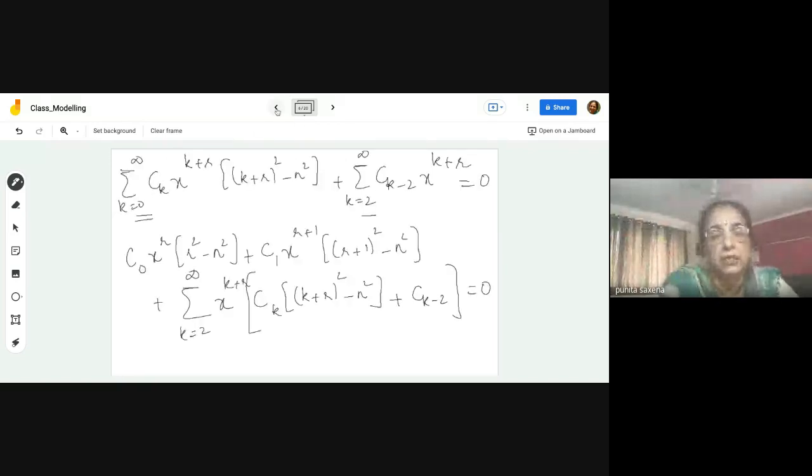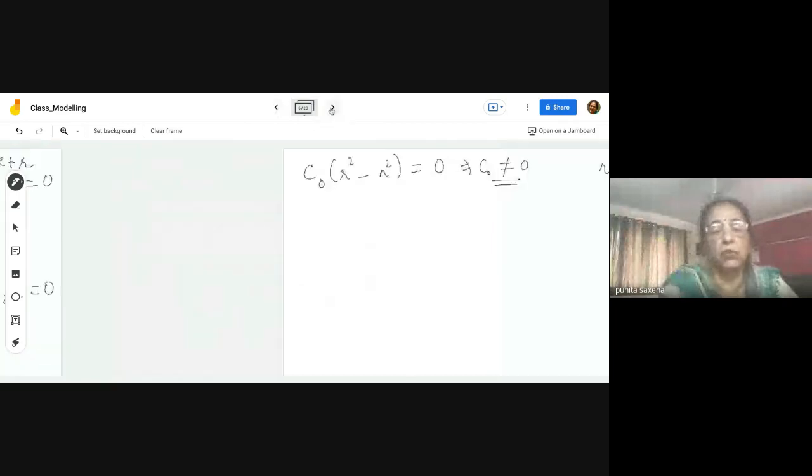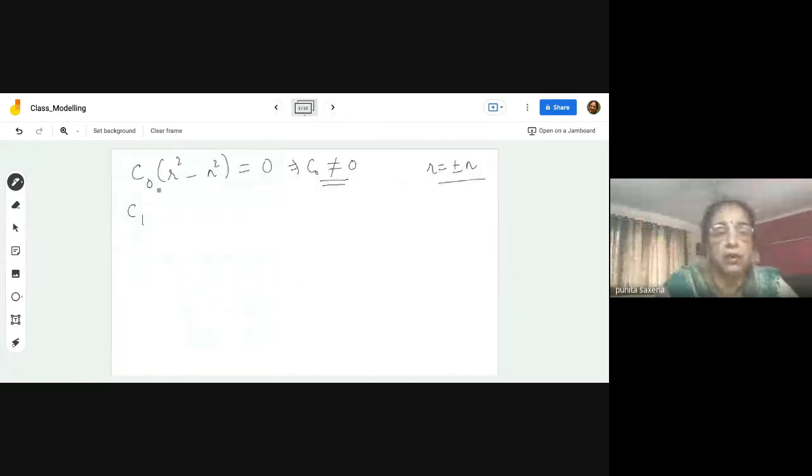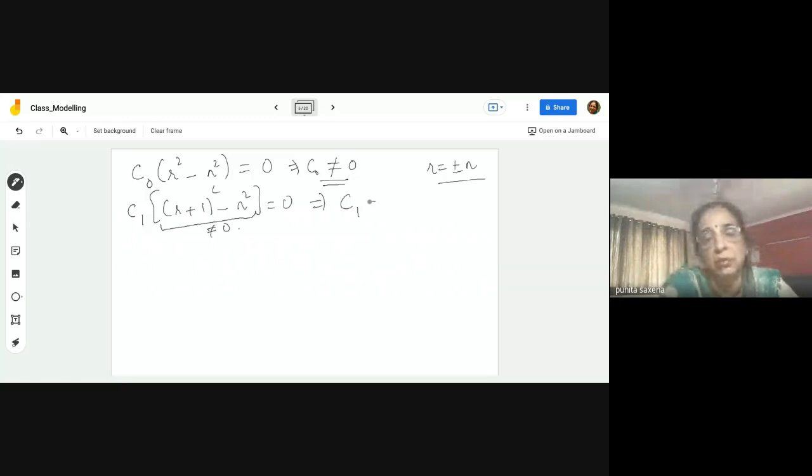But from the second expression, we are going to get c1 into (r plus 1) whole square minus n square is equal to 0. Now, since r is equal to plus minus n, this term will never be equal to 0. So the only possibility that we have is that my c1 must be 0.